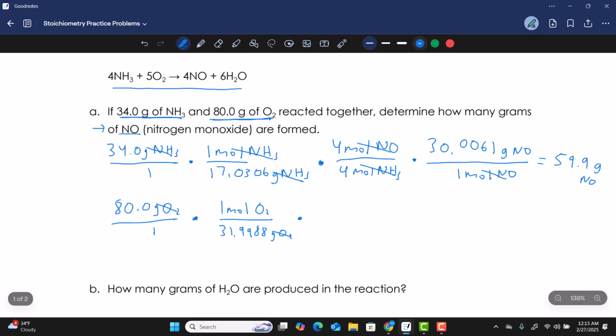And then we can multiply by the mole ratio to convert from moles of O2 to moles of NO. So we want moles of NO on the top. We have 4 moles of NO. And we have 5 moles of O2, since there's a 5 here.